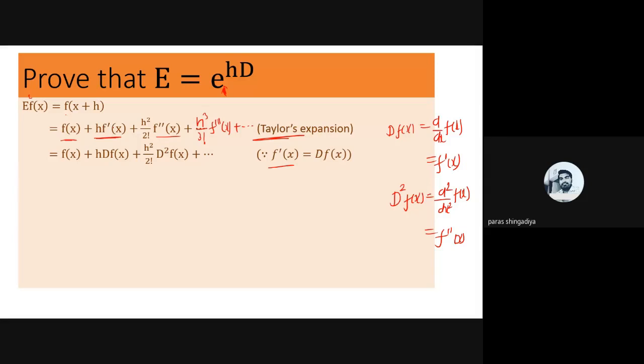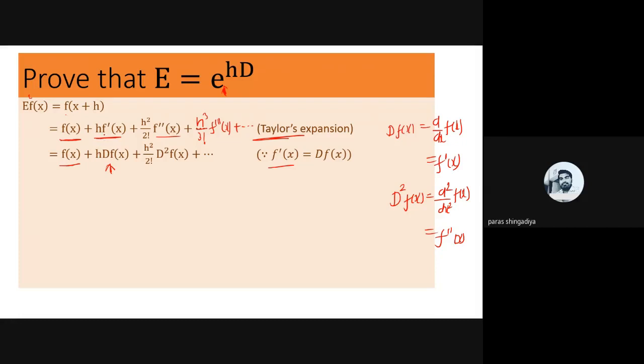So f dash x is only a one time derivative, so it will be replaced by Df(x). And here f(x) as it is, the first term will stay as it is, because it is not a derivative form. It is a simple function. And from the second term, h into f dash x will be replaced by h Df(x).